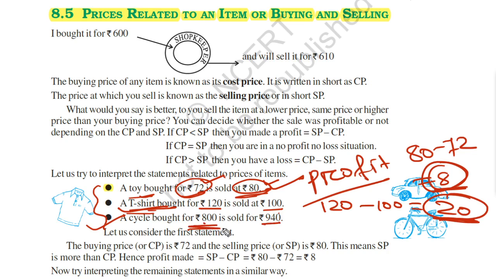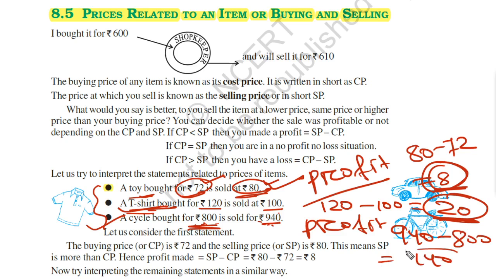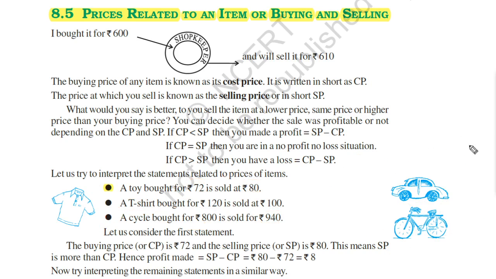Here you bought for less and sold for more, so that means profit. Profit is 940 minus 800, which is equal to 140. So this is 140 rupees profit. So in these two cases profit, and in this case loss.